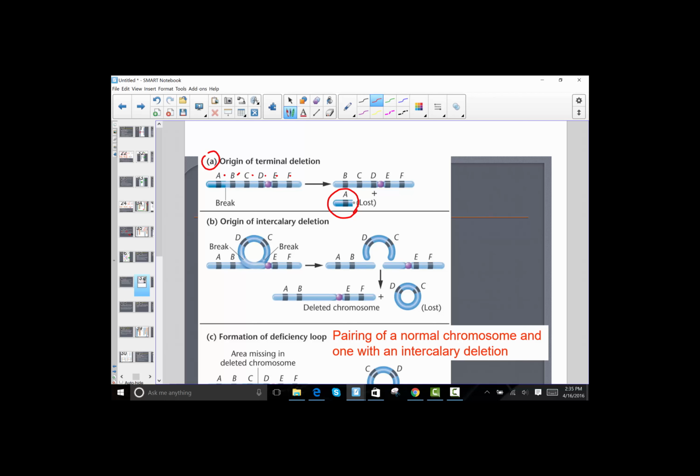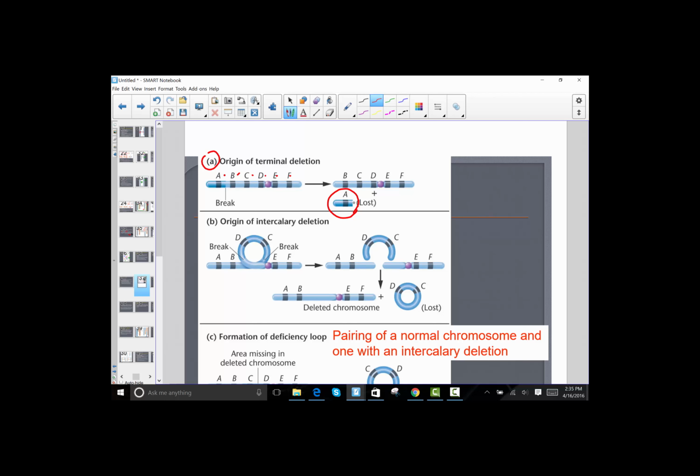If you'll remember back to what we talked about with Cri-du-Chat, this particular one is a loss. So it's a monosomic event, and it's a small part of the short arm of chromosome 5 that's missing. And so this would be an instance where this is how you could have Cri-du-Chat form.